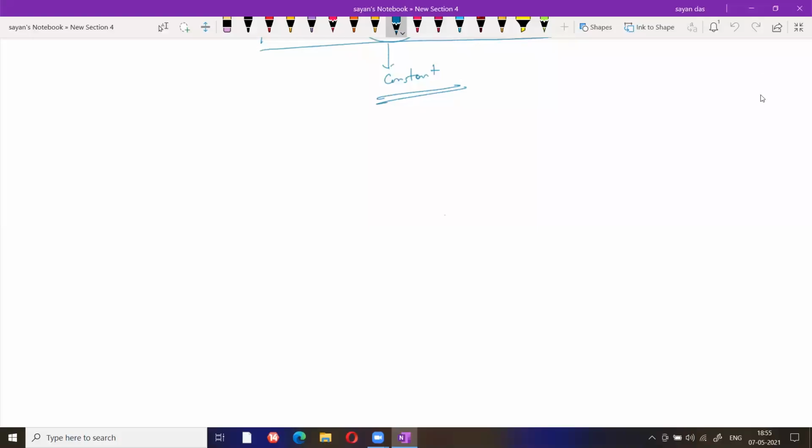Okay, for the 6th point, just write it down. Kinetic energy of charge, which is basically given as kinetic energy equals Q into V, and this one is a very important equation.